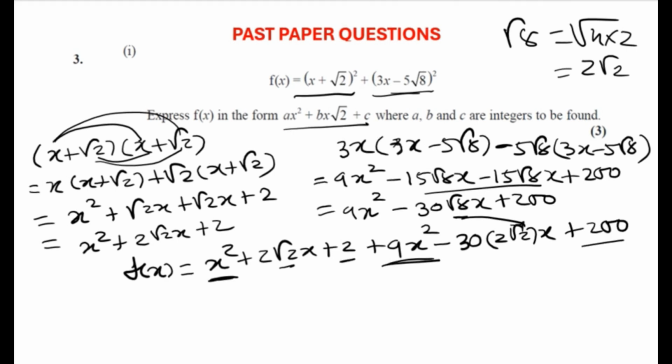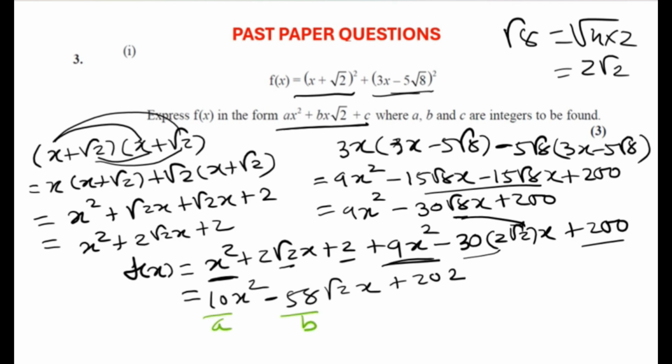Okay, so we can simplify it further. x squared plus 9x squared will give us 10x squared. Now minus 30 times 2, which is minus 60, and this is plus 2, so this will give us minus 58 root 2x. 200 plus 2 will give us 202. Now we have to compare our answer with ax squared plus bx root 2 plus c. So as you can see here, this is our a, b and c. So a is equal to 10, b is equal to minus 58 and c is equal to 202.